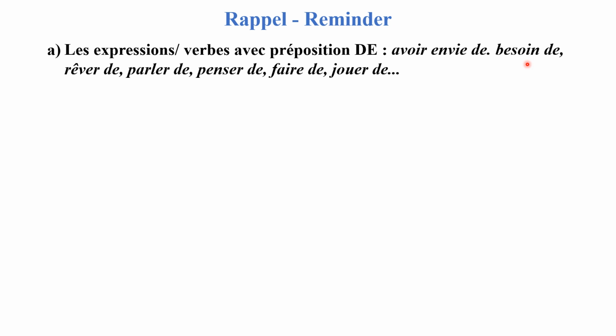Avoir besoin de means to need something. Rêver de is to dream of something. Parler de is to speak of something. Penser de is to think of something. Faire de is to do something. And jouer de is to play something. Okay? So these verbs in French are always followed by de. Therefore, the object that comes after these verbs, replace it with the pronoun en.